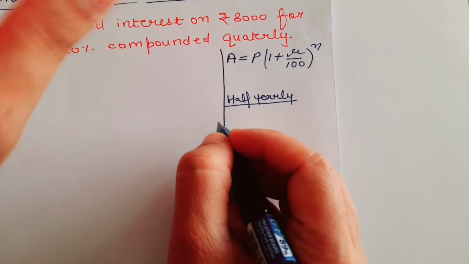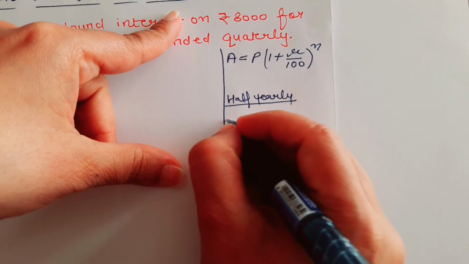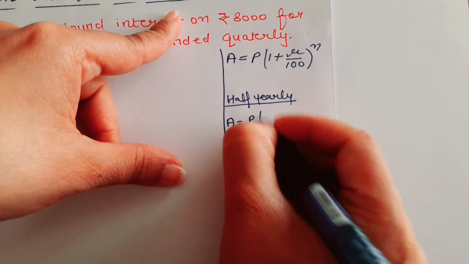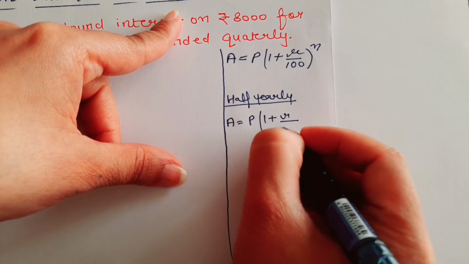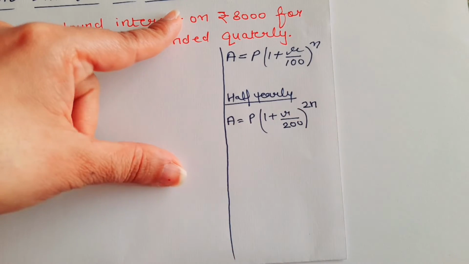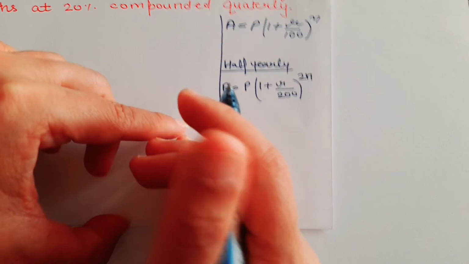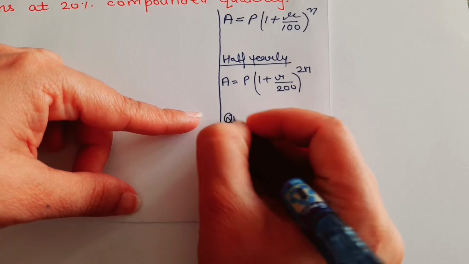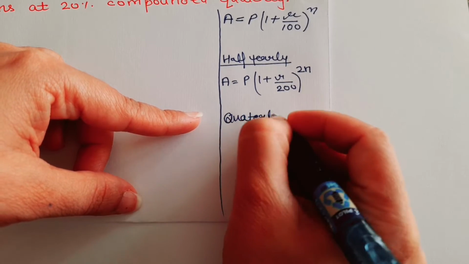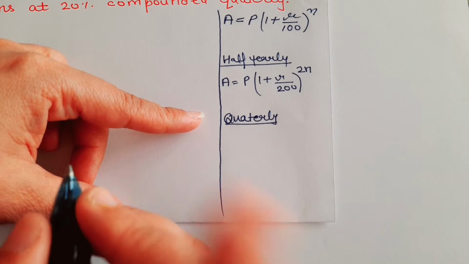Because there are 2 half years in 1 year, we divide the rate by 2 and multiply the time by 2. This is the formula.